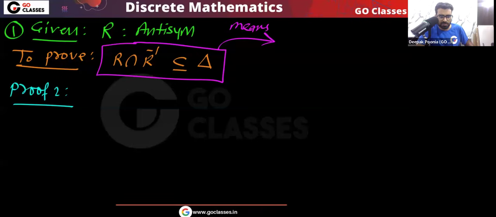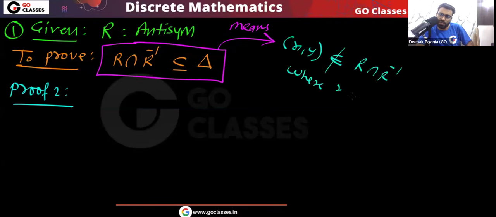It means that this type of ordered pair x y, where x and y are different, will never belong to R intersection R inverse. Also remember, a reflexive pair may or may not belong to R intersection R inverse.